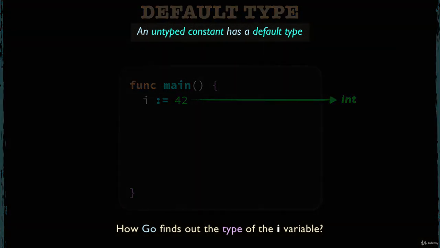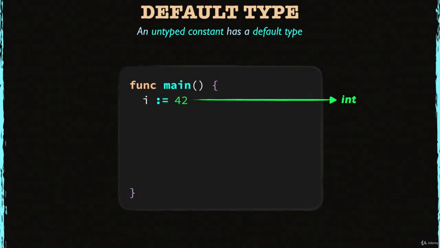Okay. It's because, as I said before, an untyped constant like an integer literal has a default type. So when a type is needed and the type is not clear from the context, Go converts the untyped constant to its default type. Here, the type of the i variable isn't clear, but it should have a type, since it's a variable. And a variable always has to have a type, right?